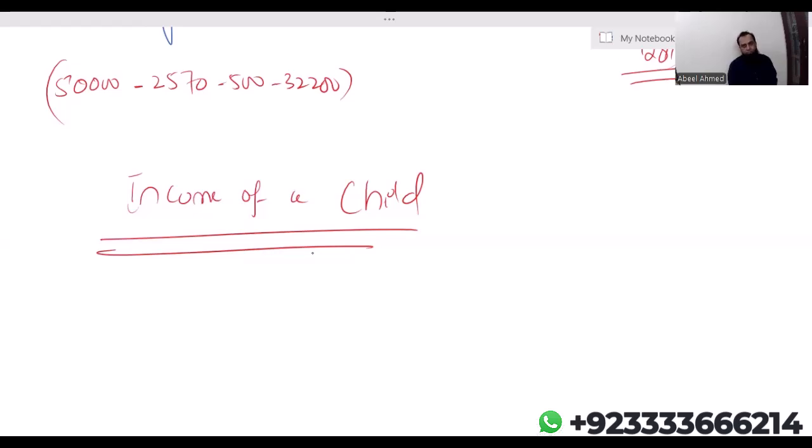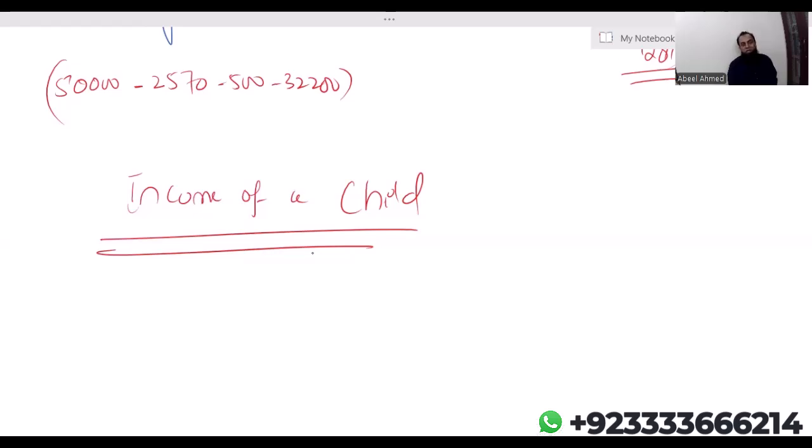Example. Let's say mother or father, any one of them, has given a gift to their daughter or son. The gift is debentures. Obviously, debentures generate interest. Now listen carefully.